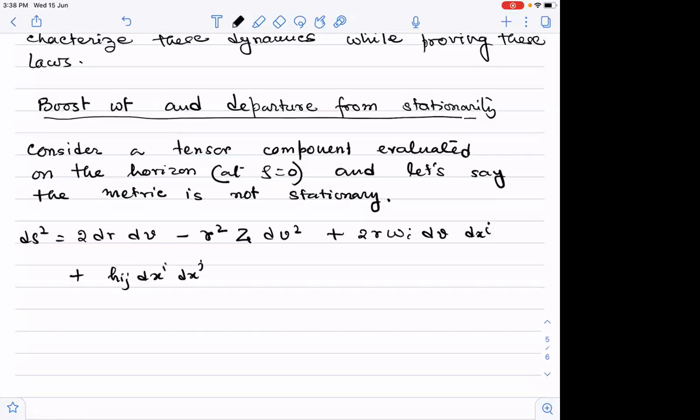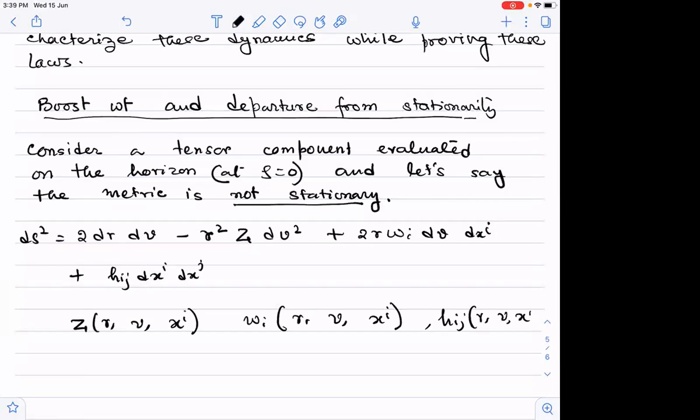But now z will not be a function of r times v, because boost symmetry is no longer a symmetry; it's not stationary. So z will be a function of r, v and xi separately. Similarly, omega I will be a function of r, v and xi separately. That's the difference if it is not stationary.